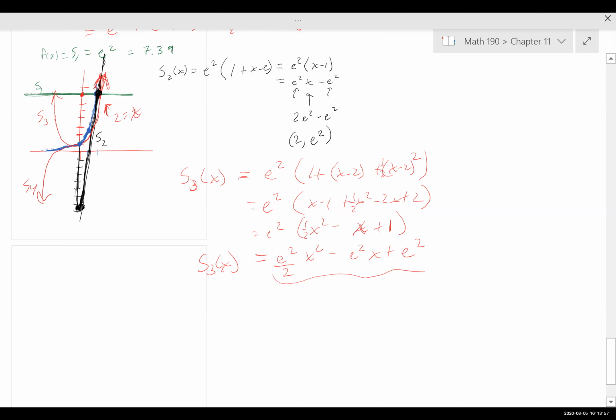I should get an increasingly closer and closer approximation to this thing. So let's go to Desmos and see what's going on with this, because I don't want to get lost in the algebra. Maybe I made an algebra mistake or something, but let's see what the computer says.